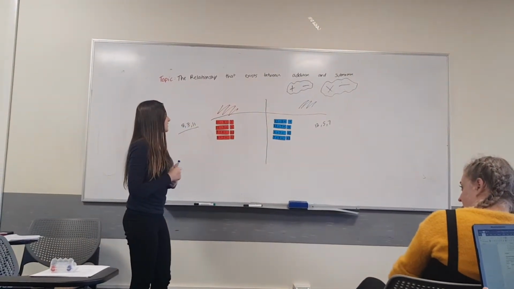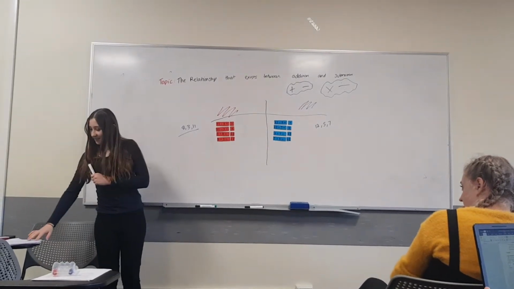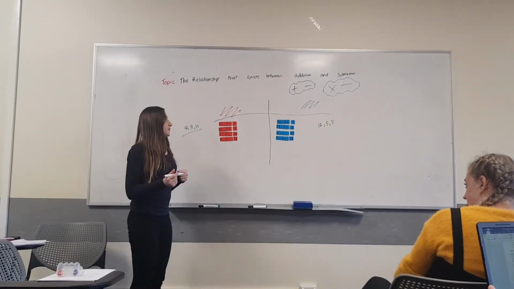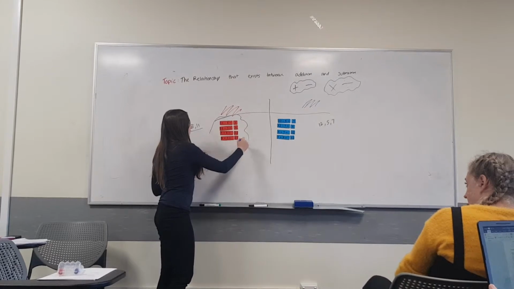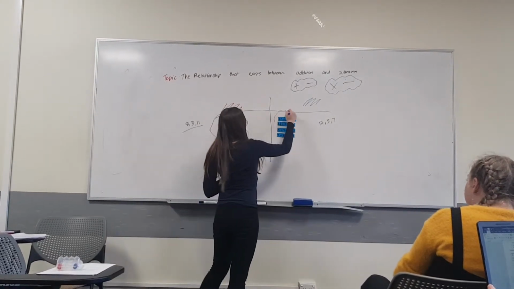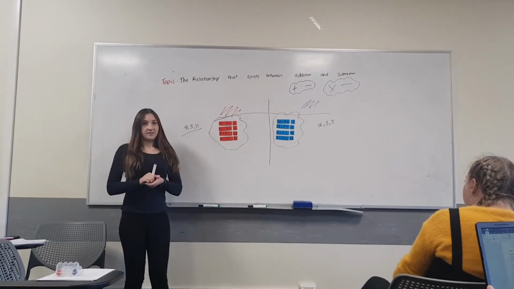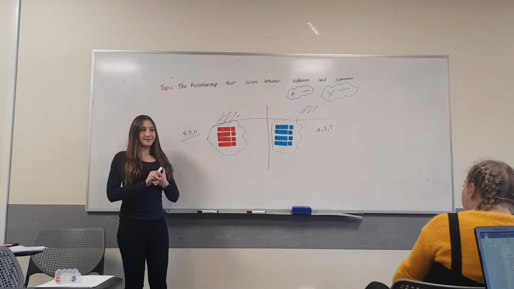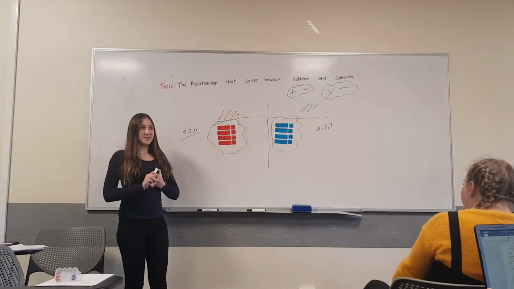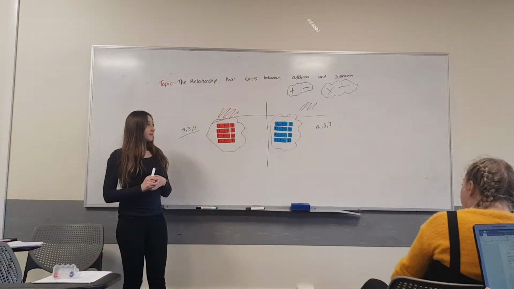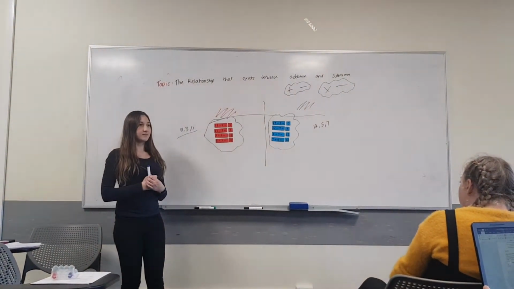Okay, so is anyone able to tell me then what a group of equations like either of these on the board are called? It starts with an F, and I mentioned it before. A group of equations using the same numbers.